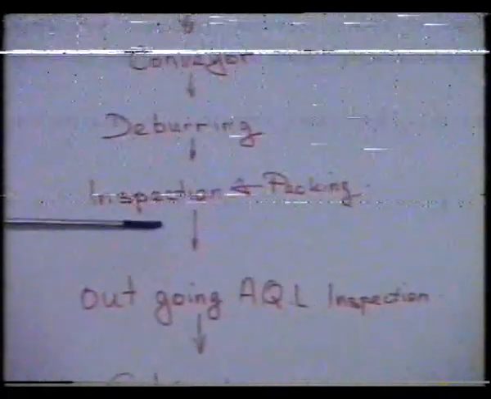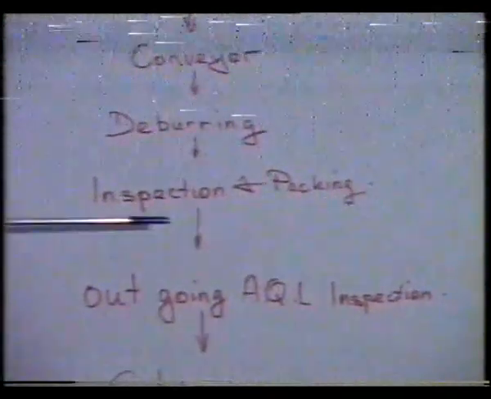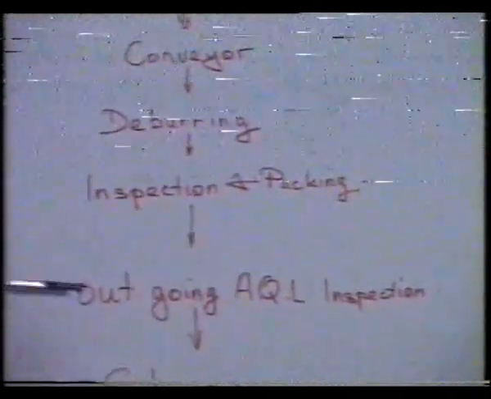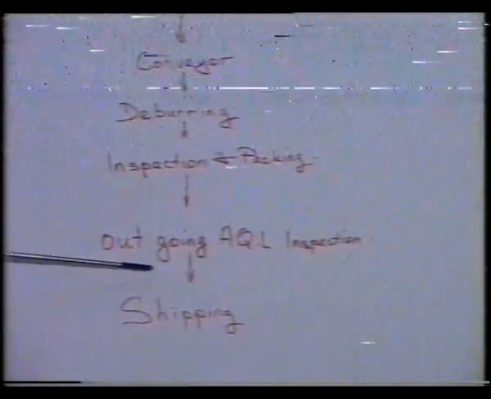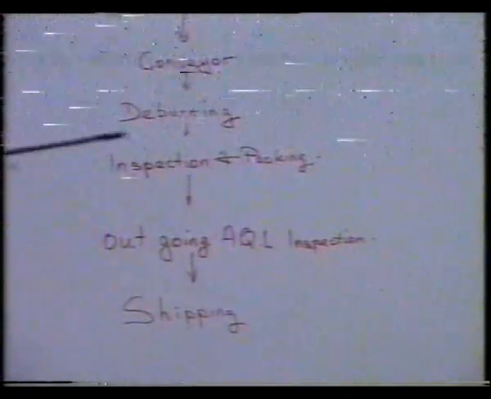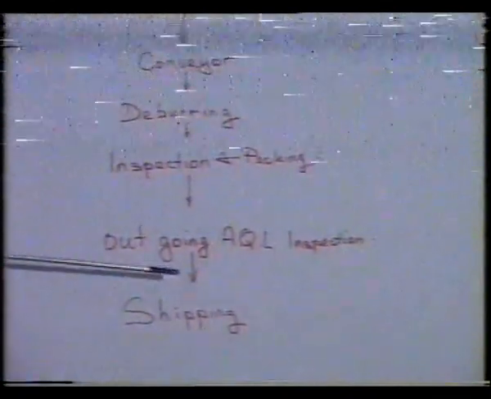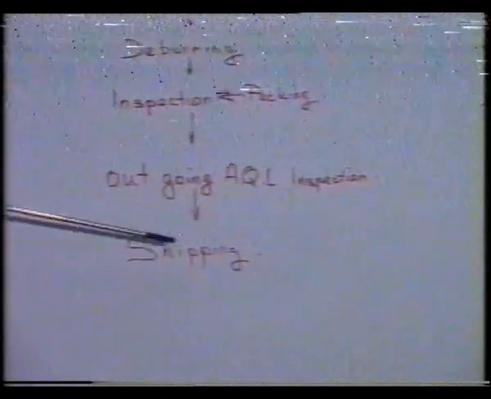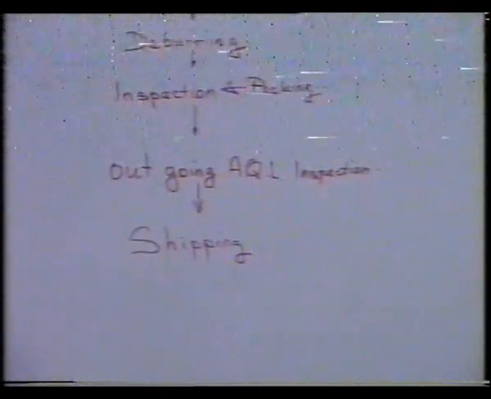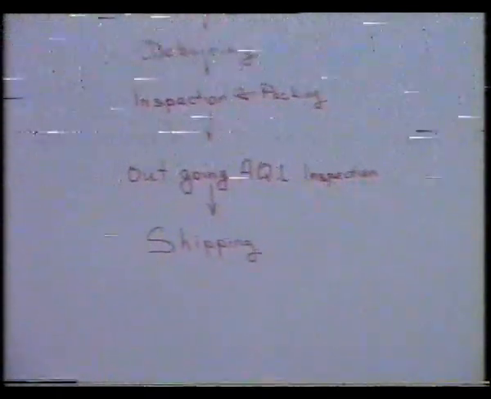Then the inspection and packing people will inspect the part and pack it into the box. Then from there, our quality inspector will do the outgoing inspection by the AQL method. Then we will put it in the shipping area, where we will ship the part to our vendors for machining.